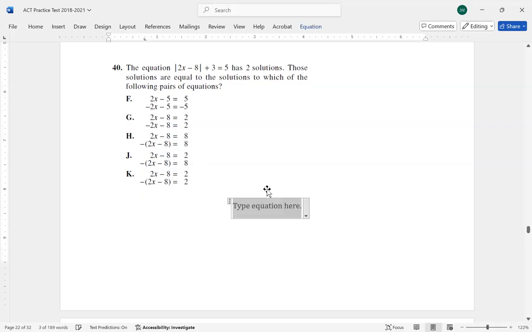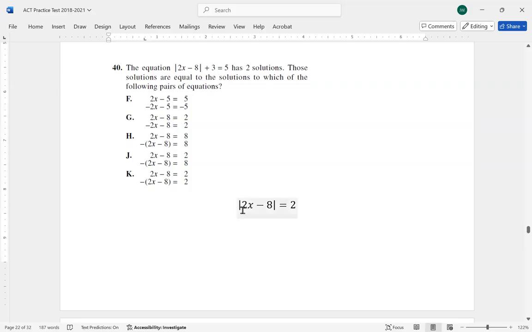So the first thing I would do to solve the absolute value of 2x minus 8, plus 3, equal to 5, is to subtract 3 from both sides. I'm going to do that on my own. So we get absolute value of 2x minus 8 is equal to 2.